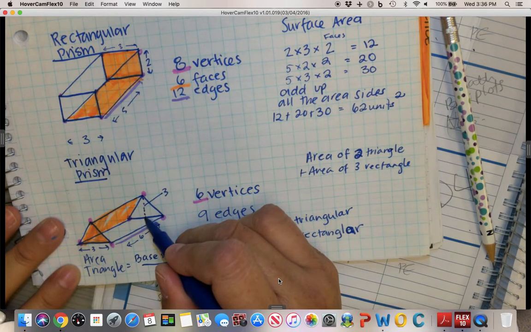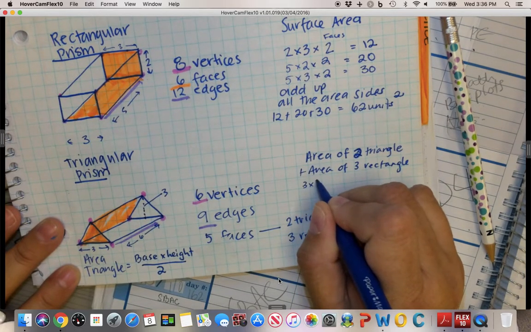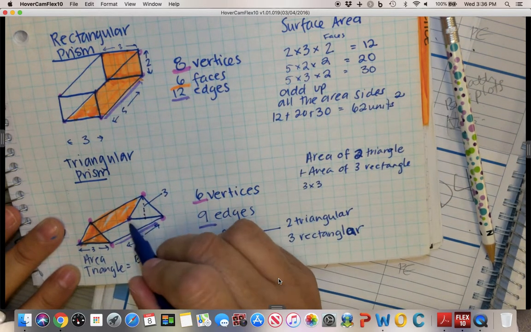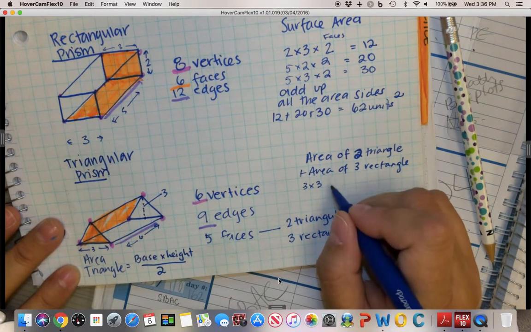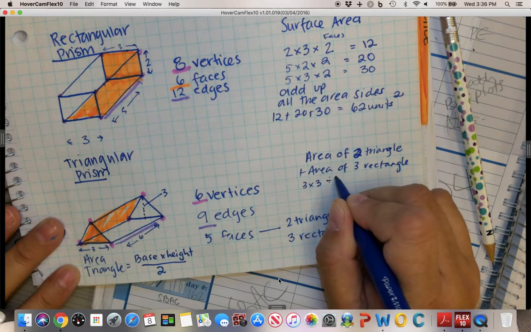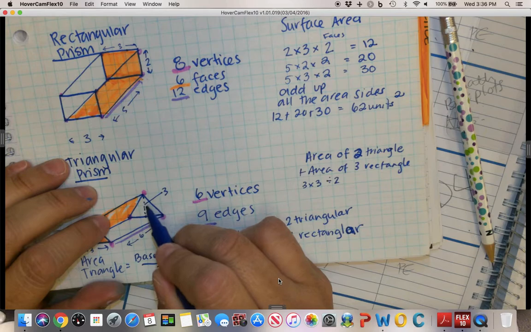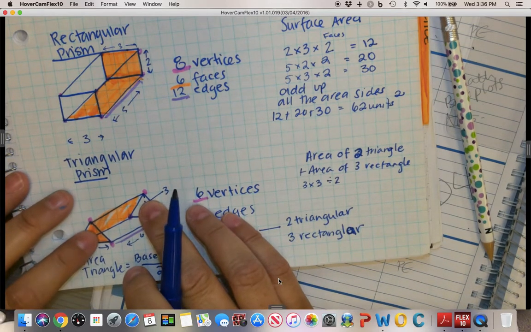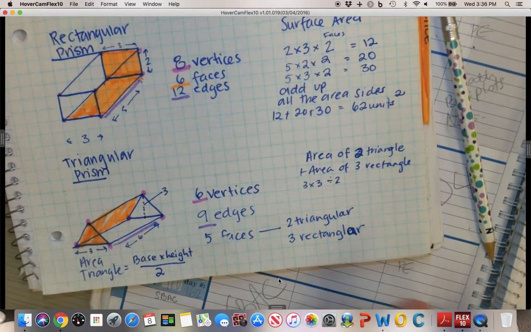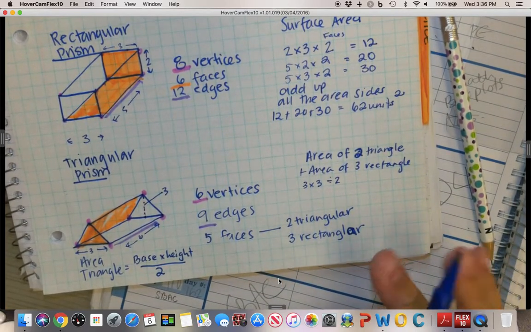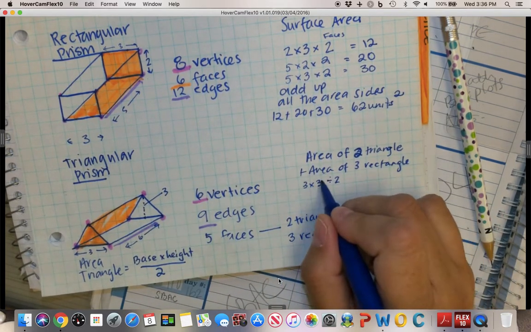The height times the base is 3 times 3, divided by 2 to get one of them. But because I have 2, I'm going to add 2 together. I don't have to divide. Hopefully you'll understand that. Okay, so face 1, 3 times 3 divided by 2.